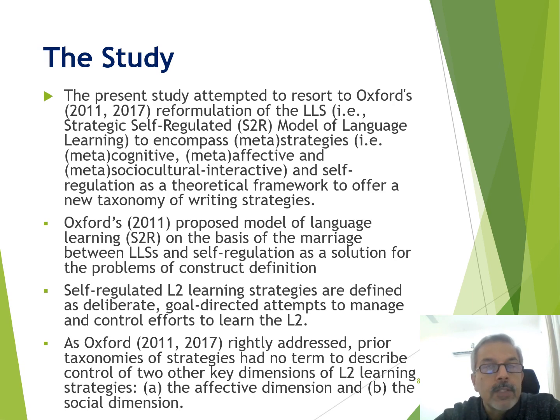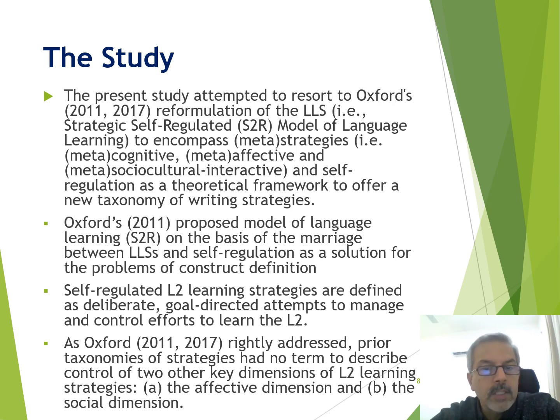Formerly, we had some attention to cognitive strategies and metacognitive strategies to some extent, but she included two other domains too. I mean, the strategies related to affective and meta-affective dimensions, and also she included social cultural interactive and meta-social cultural interactive dimensions too.